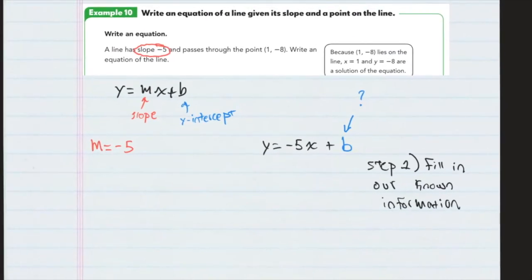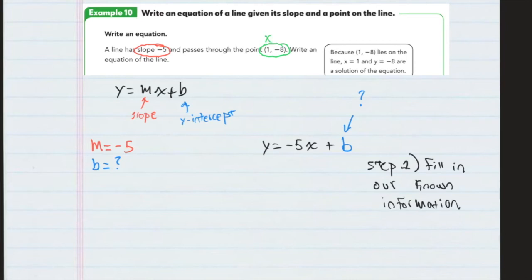Because in order to solve for a variable such as b, because we need the y-intercept, we need to figure out what x and y are. So right now b equals question mark. And normally when we write in slope-intercept form, we don't fill in for x and y. But this time we are, because we're given an x and we're given a y, and we're given both of those things in our problem.